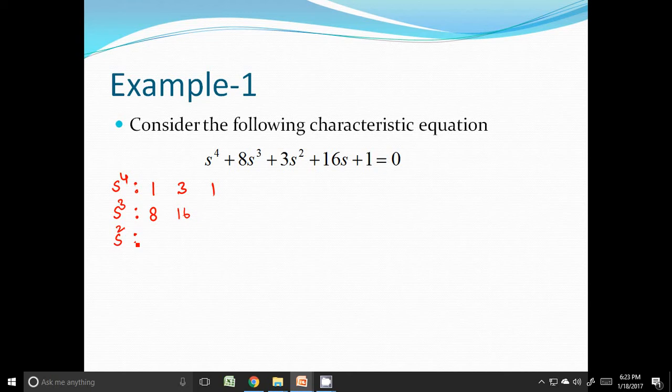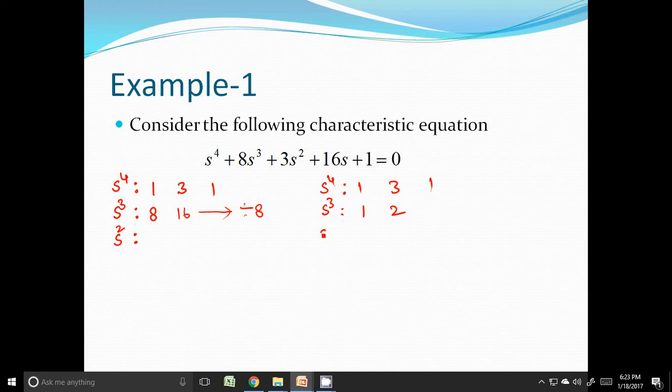You can divide this complete row by 8 so that the computational work will be simplified. Dividing the s power 3 row by 8, it becomes 1, 2. I rewrite the s power 4 row here as 1, 3, 1.